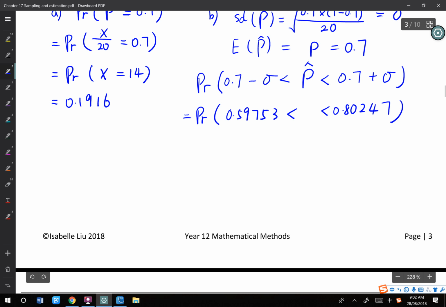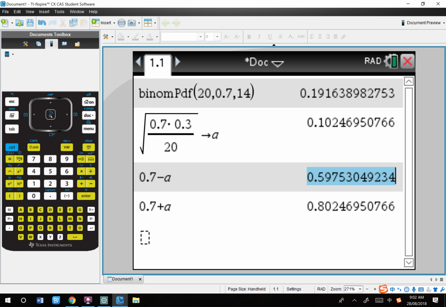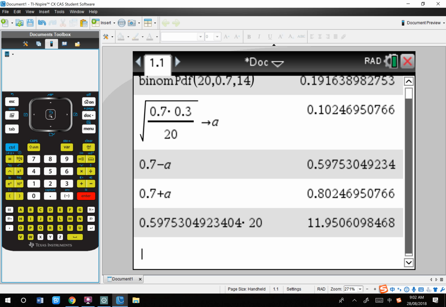Very easy idea. Your p hat is x over 20 as well. Again, I'm going to times 20 on both sides of this inequality, times 20 on everything. This number times 20 gives 11.95.